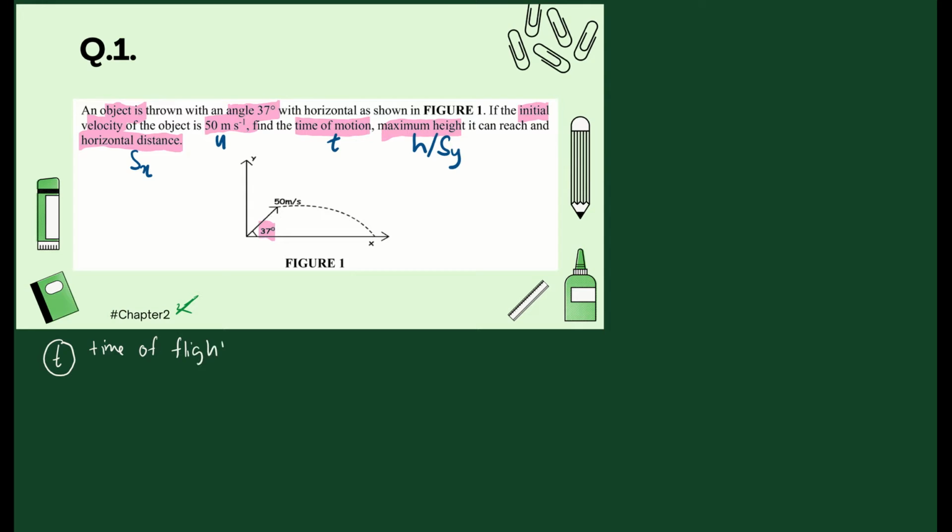So the first method is we have SY equal to 0, meaning that it is the time taken from the initial point until it reaches the final point here. You can see that the initial level and the final level are equal, so SY is equal to 0.